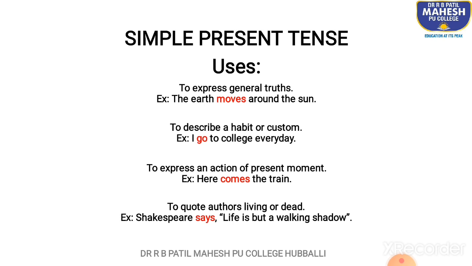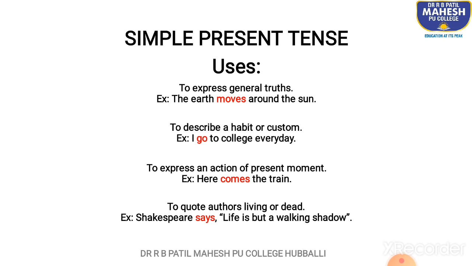So, we have just quoted Shakespeare's sentence as it is, and that is why we have used says here, which denotes the simple present tense. So these are some of the uses of simple present tense, and we ought to keep in mind that in these conditions we always use the simple present tense to be grammatically correct, right?